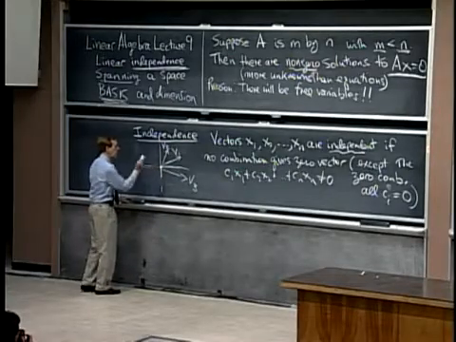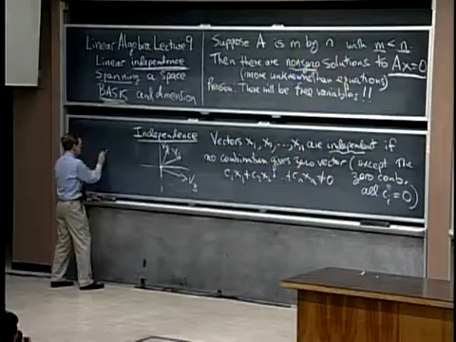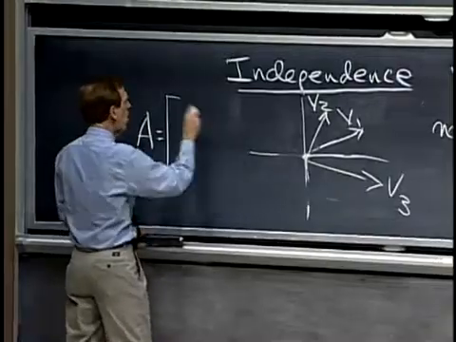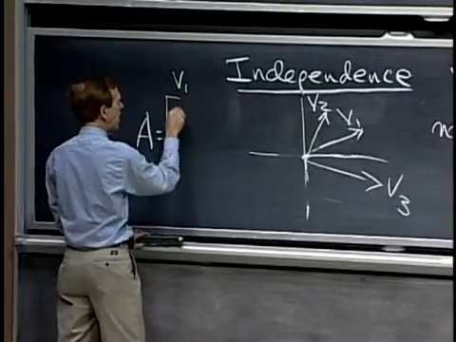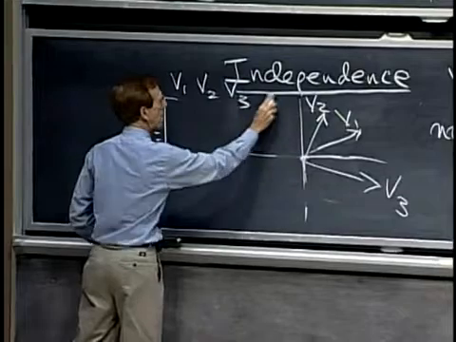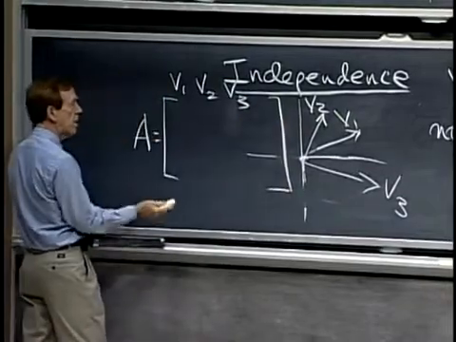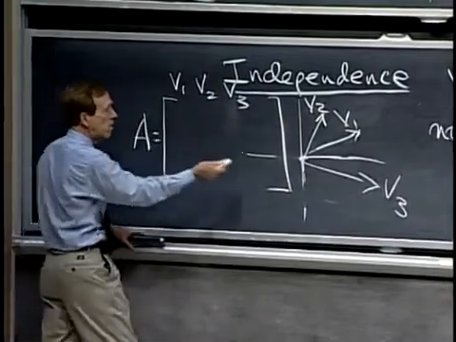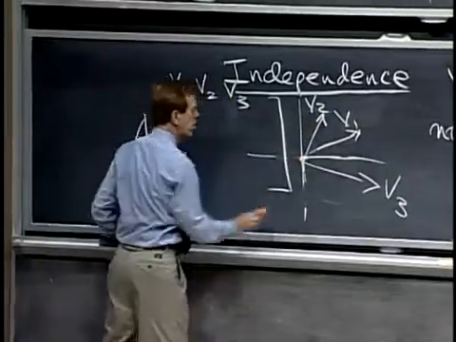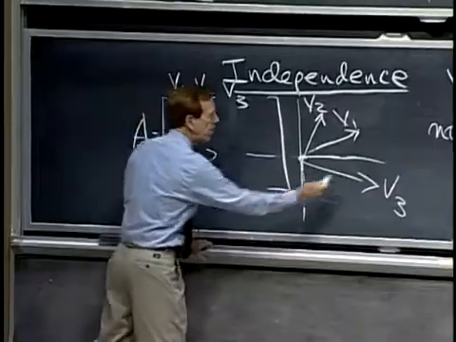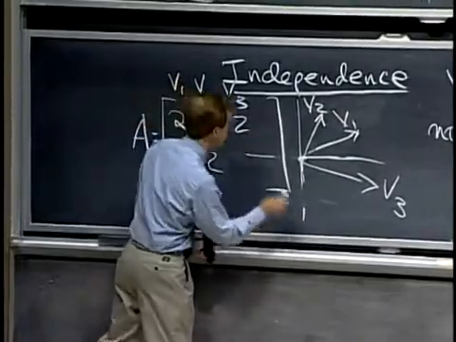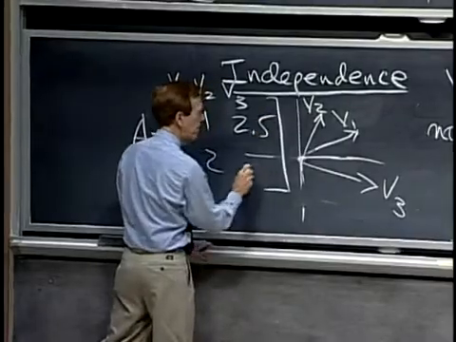Okay, so here's the connection. I take the matrix A that has v1 in its first column, v2 in its second column, v3 in its third column. So it's got three columns, and v1, I don't know, that looks like about 2, 1 to me. v2 looks like it might be 1, 2. v3 looks like it might be maybe 2.5, minus 1.